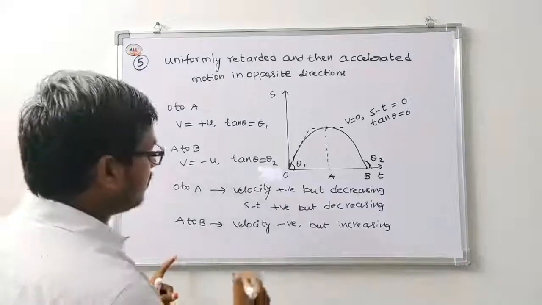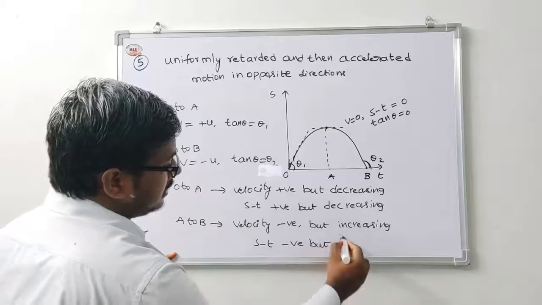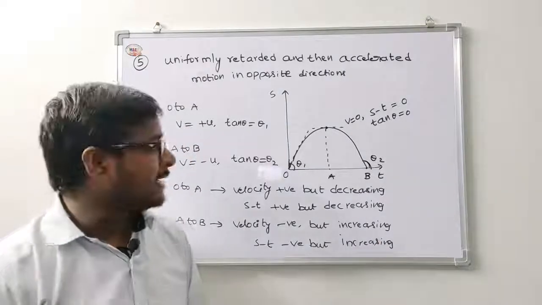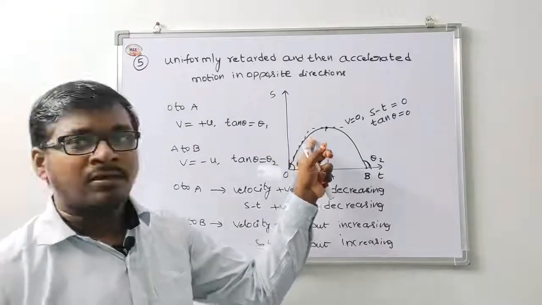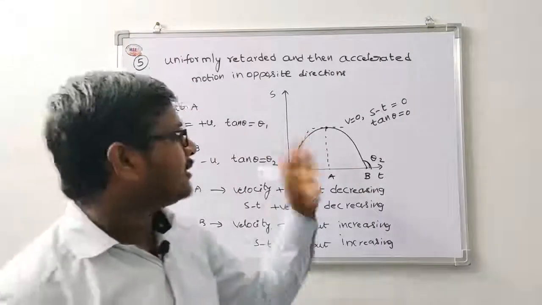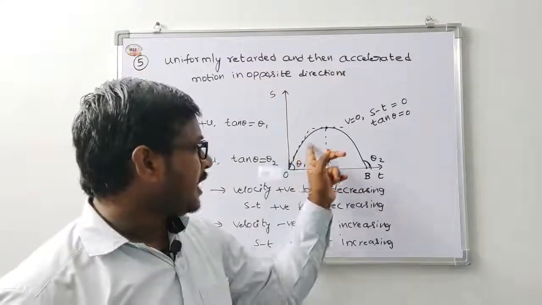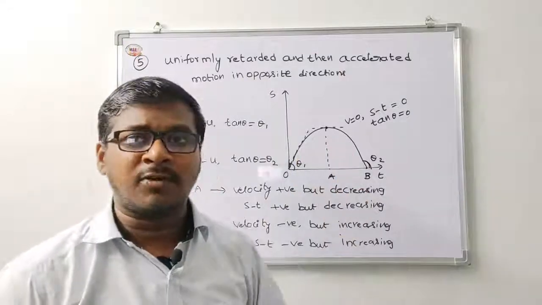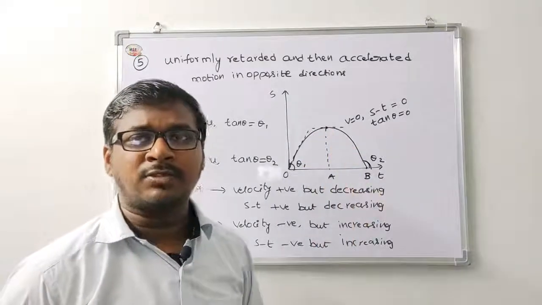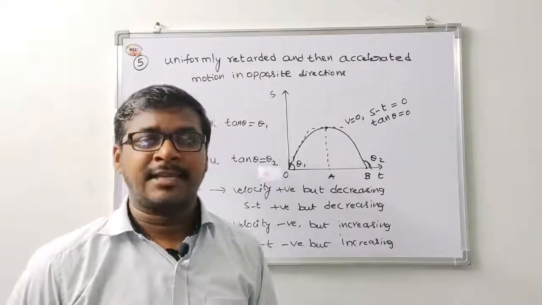The slope of the position time graph is negative but increasing in magnitude. In this case, the speed of the particle projected upwards is equal to the speed of the particle striking the ground surface, and the time of projection in the upward direction is equal to the time of the downward journey. These two are equal. This is totally the 5 cases in position time graph.